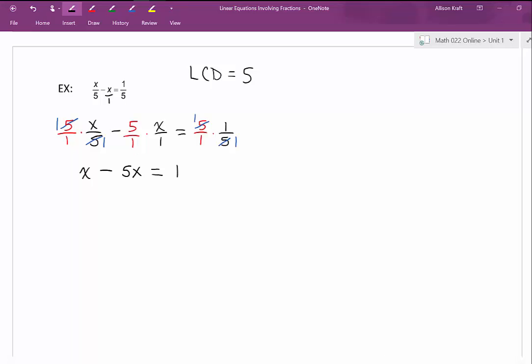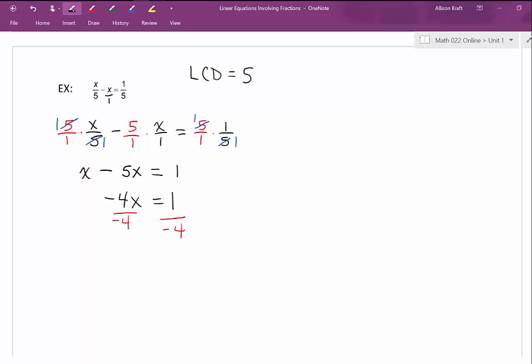Notice that we have like terms on the left side that can be combined. x minus 5x gives me negative 4x equal to 1. All my variable terms are on the left side. All of my constant terms are on the right side. Now I need to get the variable term all by itself by eliminating the coefficient. To eliminate multiplication by negative 4, I'm going to perform the opposite operation, and divide both sides by negative 4.